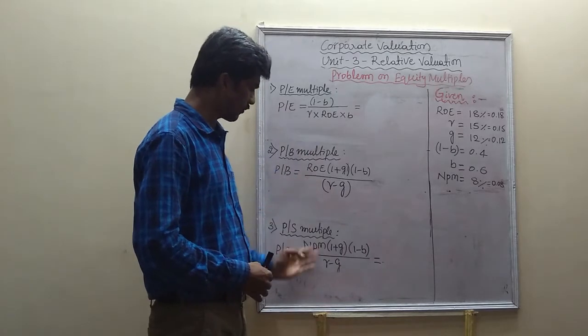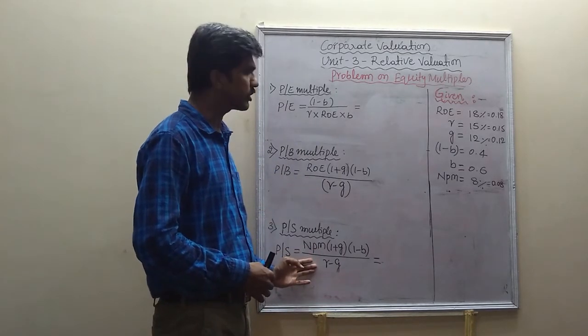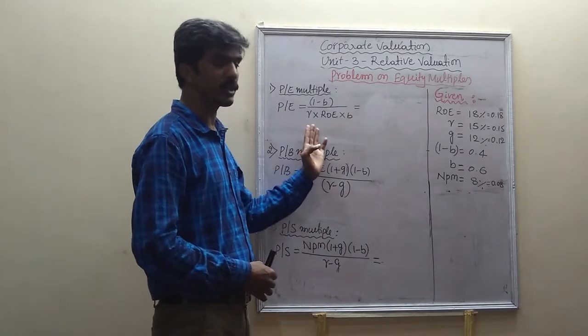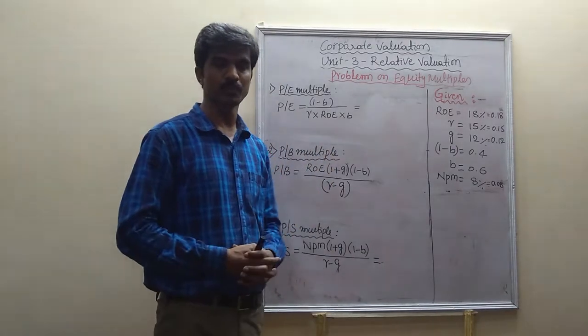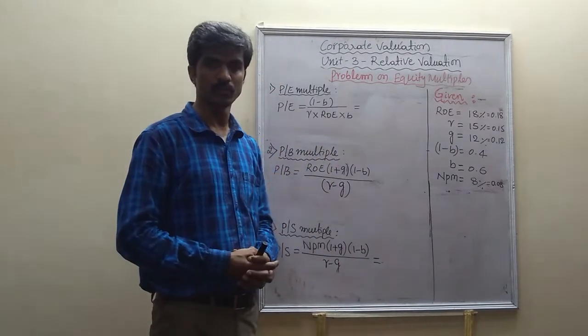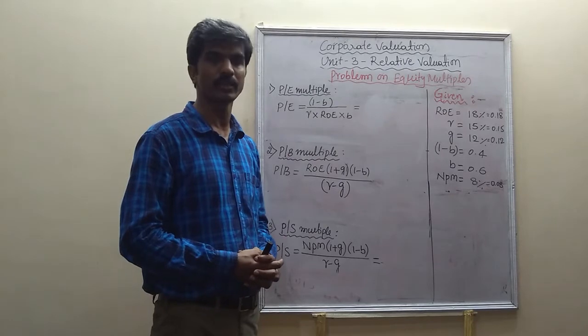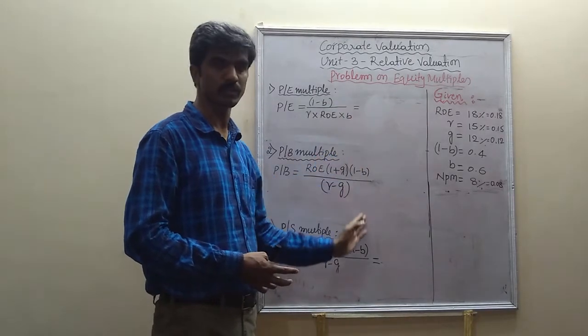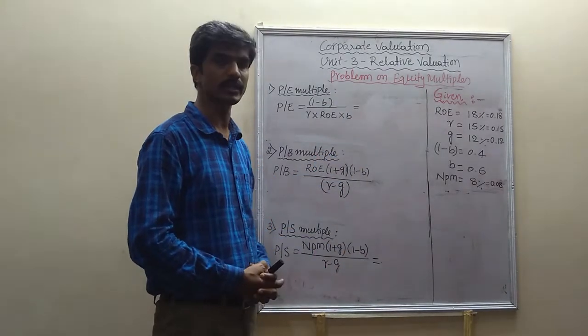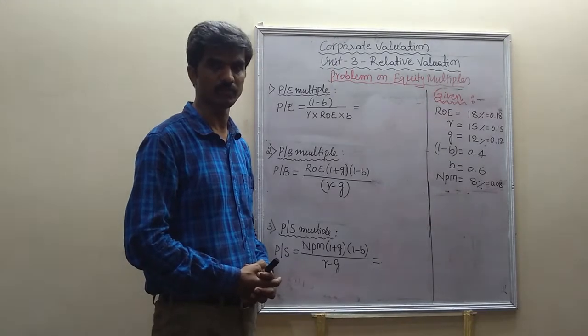These are the formulae we are using in calculating equity multiples, and here is the problem for you which you can go through, and then we can proceed to calculating equity multiples.